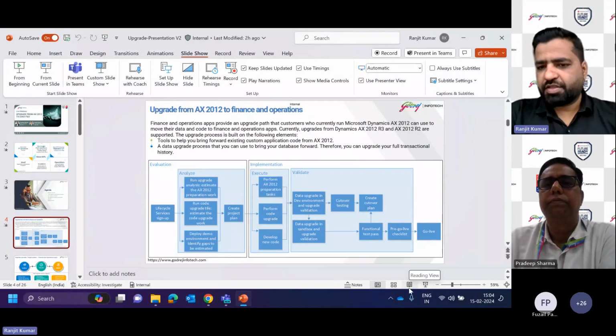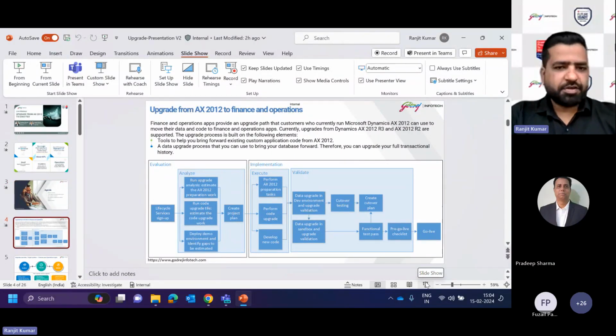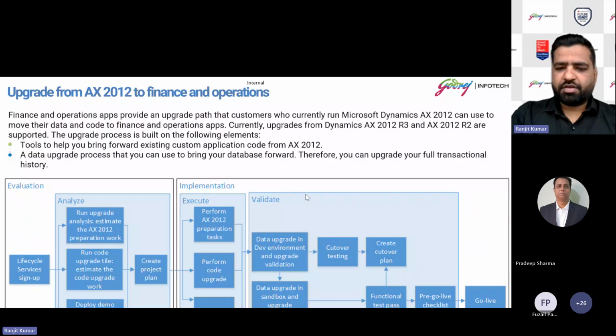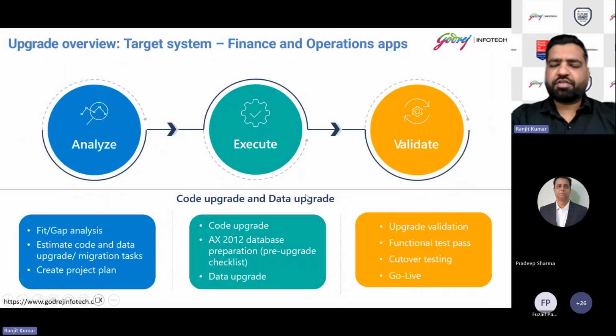Hello everyone. Myself Ranjit, and today we are talking about upgrade from AX 2012 to Dynamics 365, right? So the upgrade process will have some primary phases like analyze, execute, and validate. During the analyze phase, we create our project plan based on your estimation and fit gap analysis, and we'll define the timeline.